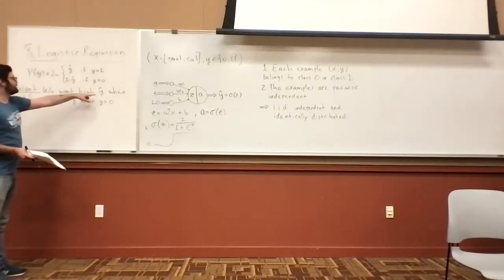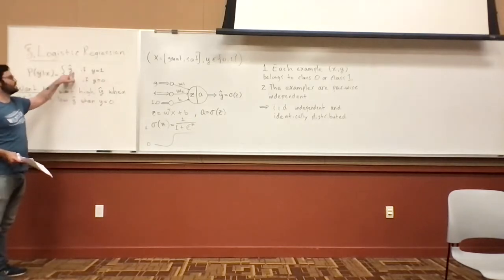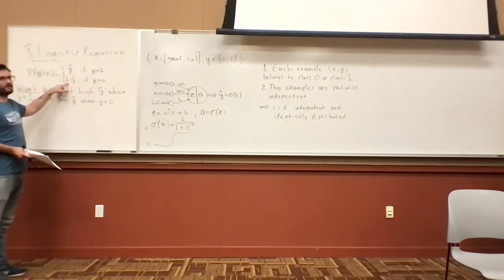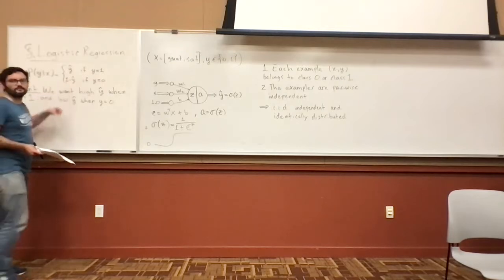If y hat is high when y is 1, it's good. When y is 0 and y hat is low, the probability of the correct output is closer to 1.